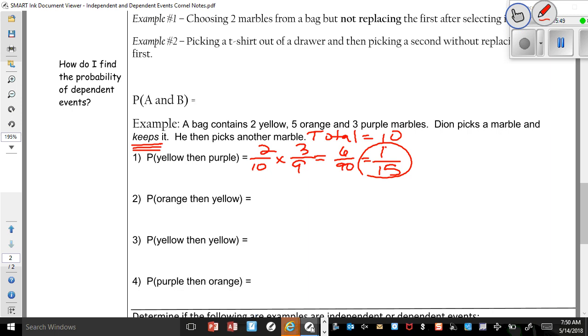All right. Everybody see that? How about orange? And then yellow. Remember, there's still 2 yellow, but there's only 9 of those left. So we get 10 over what? Which equals 1/9.